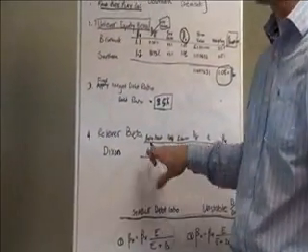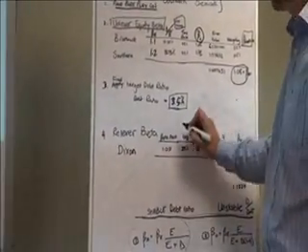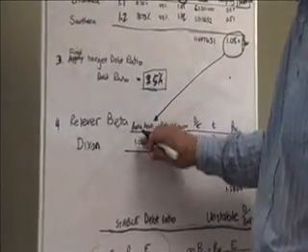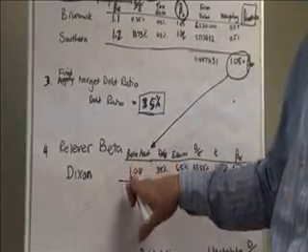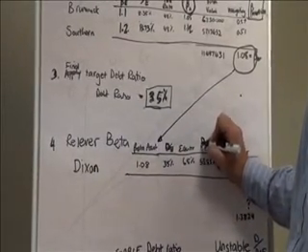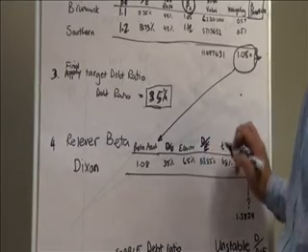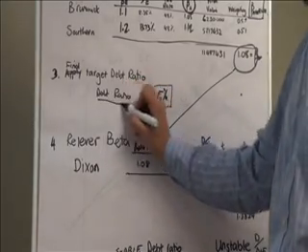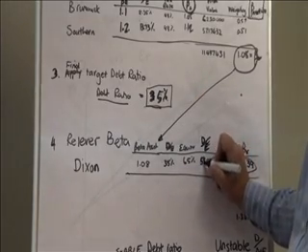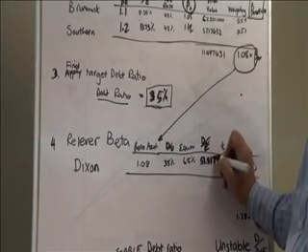We start with the beta of the assets of the comparable companies. Then we use our debt equity ratio. Sorry, this is just the debt ratio here. That was 35%, so the debt equity ratio works out to be 53.85%.